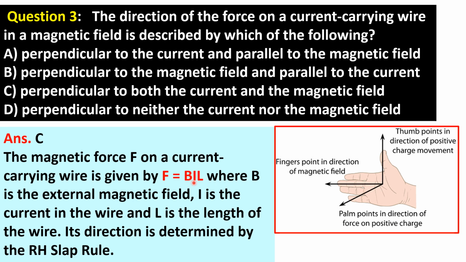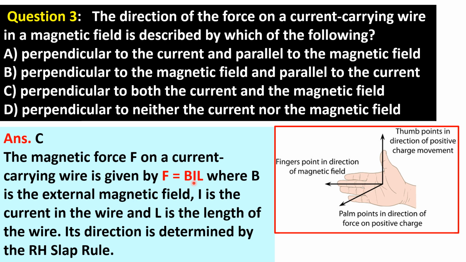If you multiply the three, you will be describing the magnitude of the magnetic force. But supposing we have a case where the magnetic field and the velocity or the direction of the current is not perfectly 90 degrees, then we have to make use of the trigonometric function sine.